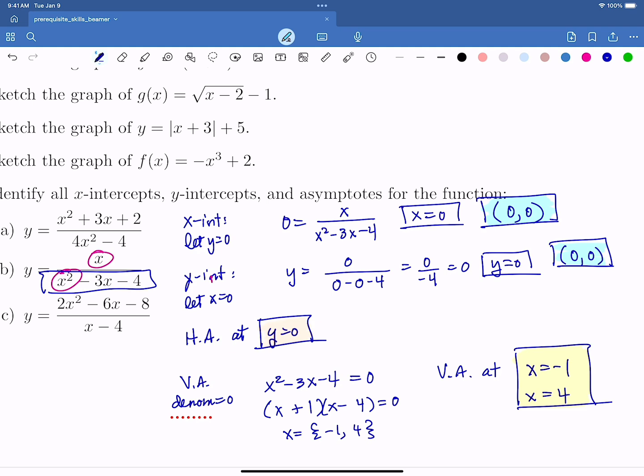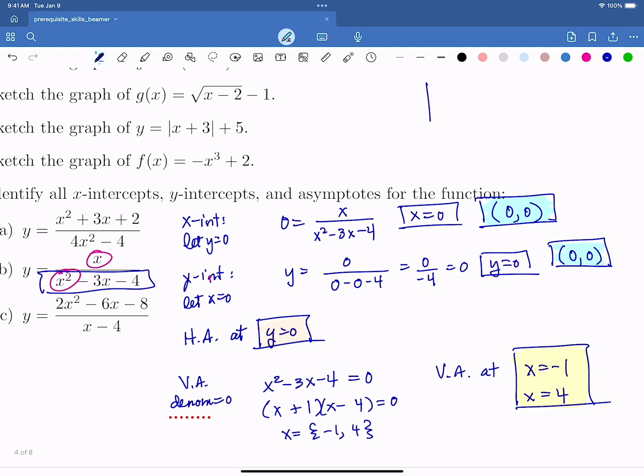All right, so we have x and y intercepts at the origin. We have a horizontal asymptote at y equals 0, and then we have two vertical asymptotes. So this graph is actually quite complex. We have an intercept at the origin. We have a vertical asymptote here, x equals negative 1. We have a vertical asymptote here, x equals 4.